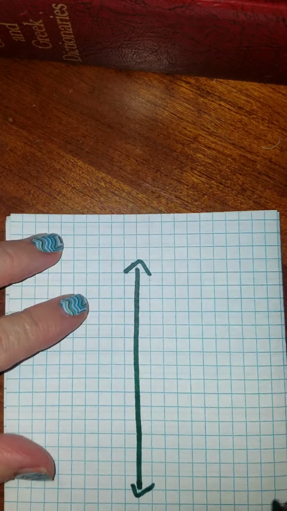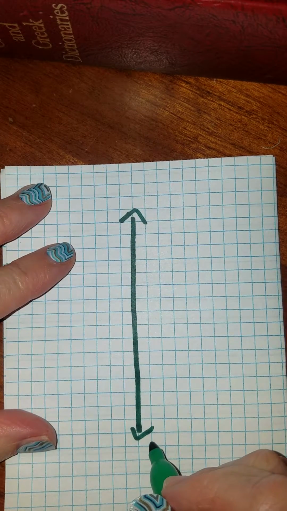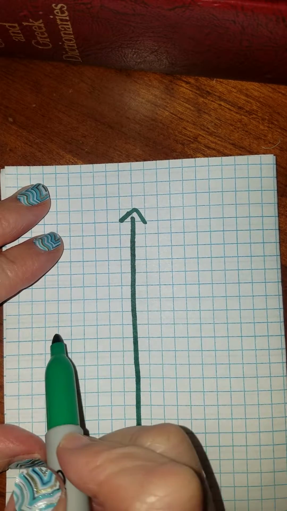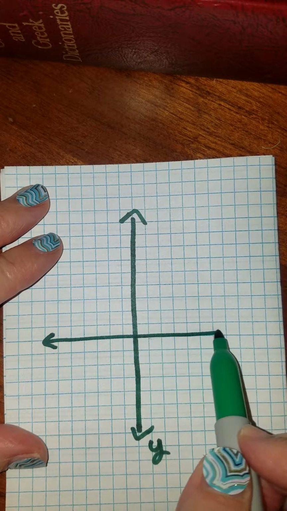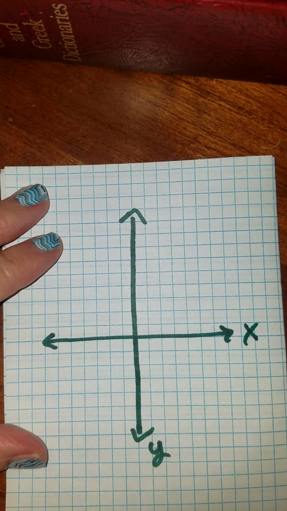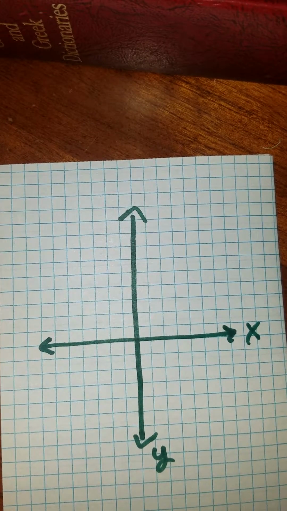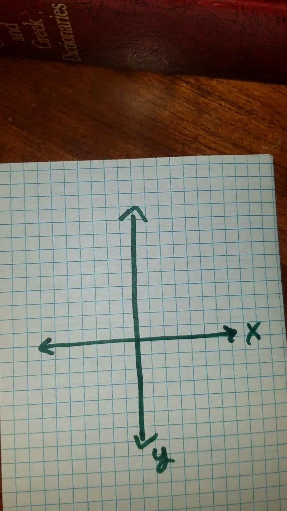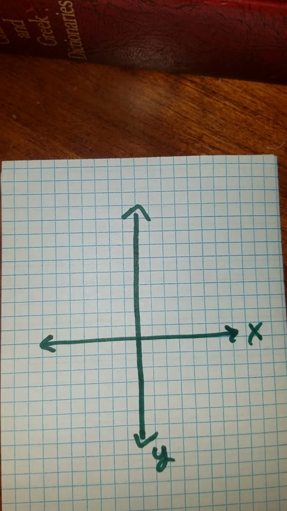All right. And here I have the y-axis. And here I have the x-axis. So I've labeled my axes, and now I'm ready to plot my points, right? But before I plot my points, remember we chose the scale. The scale was 5.